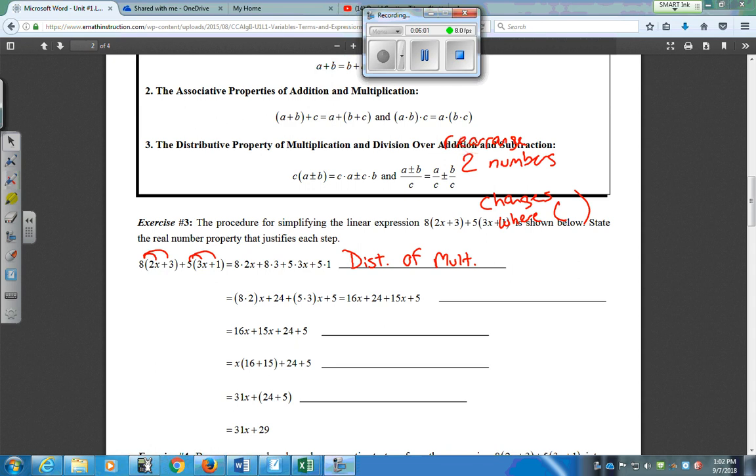Now we see, for the next step, you see the parentheses appear to help reorganize and put the focus on certain numbers. So in this case, that would be associative property of multiplication.